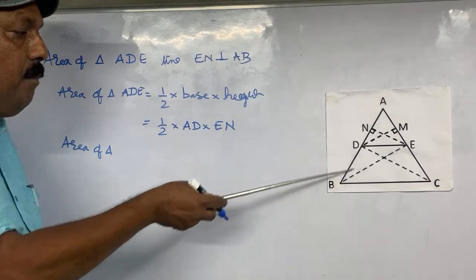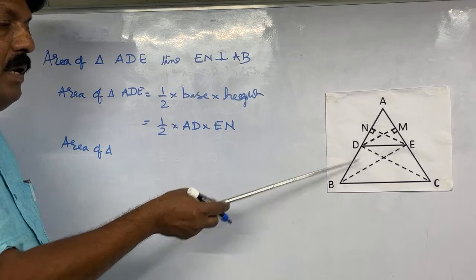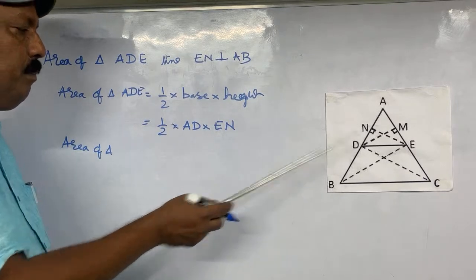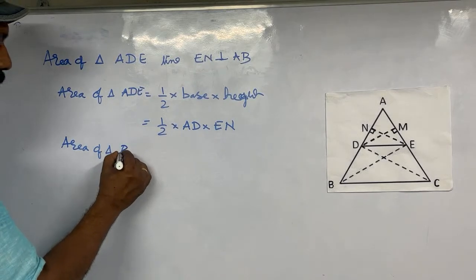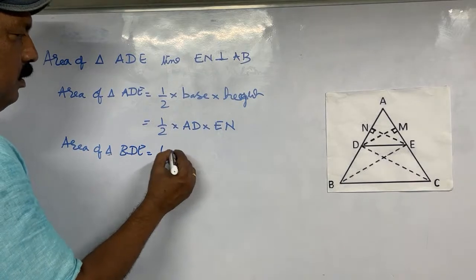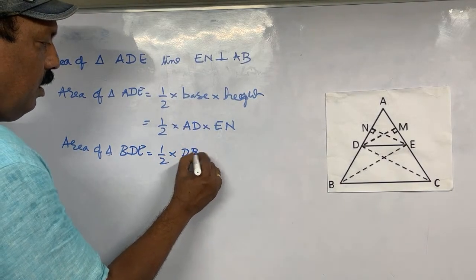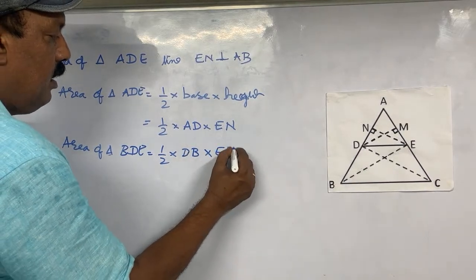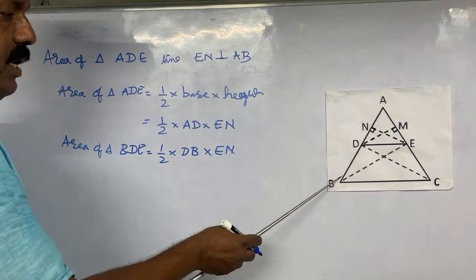What is the height for total AB? EN. So for the BDE triangle and the ADE triangle, the height is EN only. Now see, the area of the triangle BDE is equal to half into the base DB into the height EN. I told you just now, EN is the common height for AD and DB.